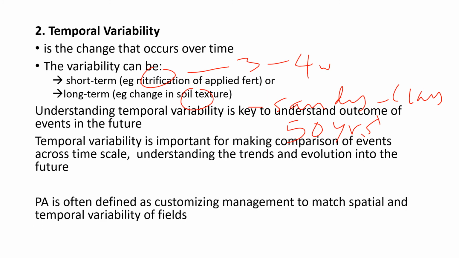Therefore, precision ag is often defined as customizing management to match spatial and temporal variability of the fields. So as I've said earlier, the driving force is variability. Until we tame variability, we cannot be sure that we are succeeding in terms of precision.